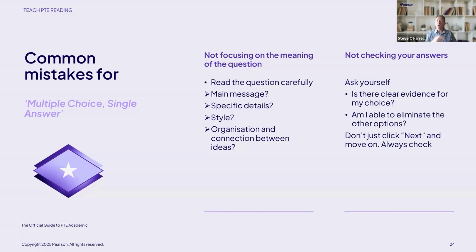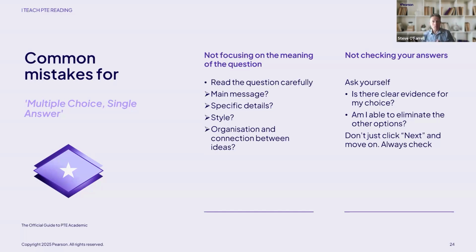And the second common mistake is simply not checking your answers. Once you've made your choice, check the other ones, eliminate them. Firstly, is there clear evidence for the choice that I made? And can I check the others? Can I clearly say that one is incorrect, that one is incorrect, and mark them all off so that I've got my final answer?